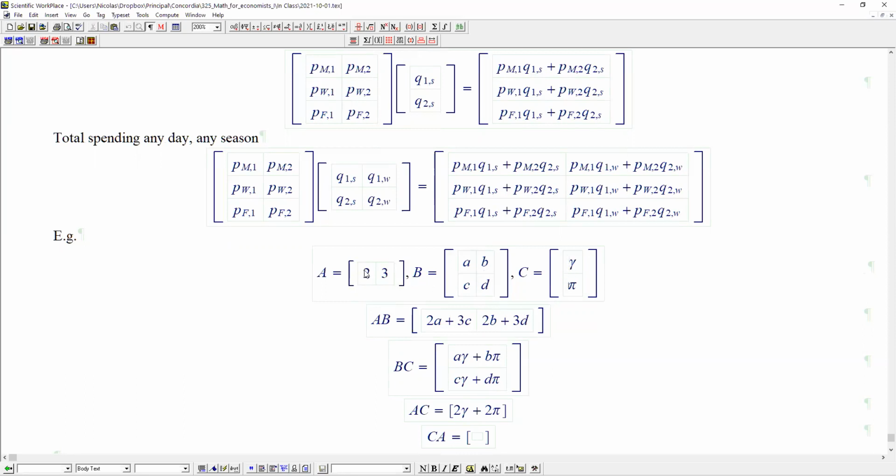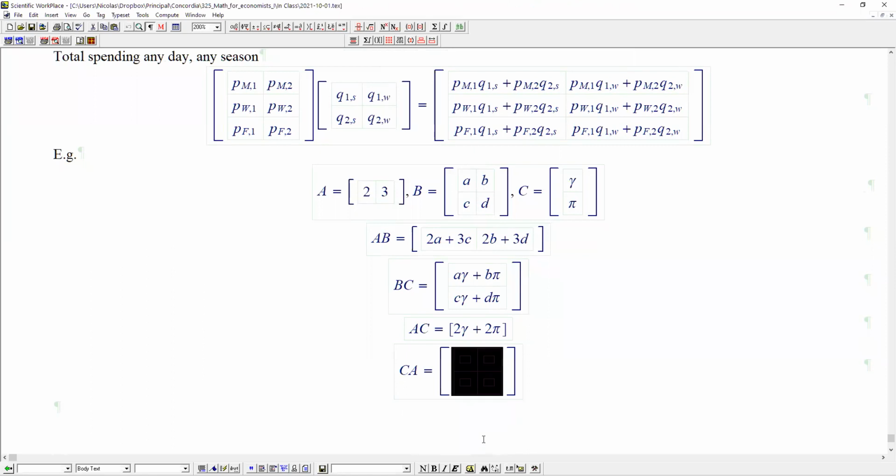And how many columns? 2 columns. So I get a 2 by 2, and I just combine them together. So I get 2 gamma, here I get 3 gamma, here I get 2 pi, here I get 3 pi.